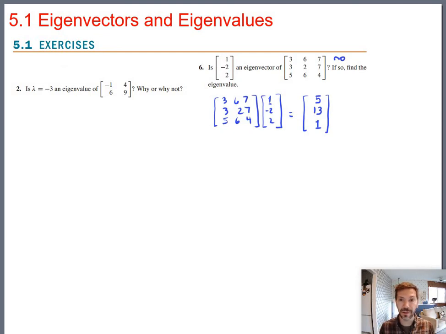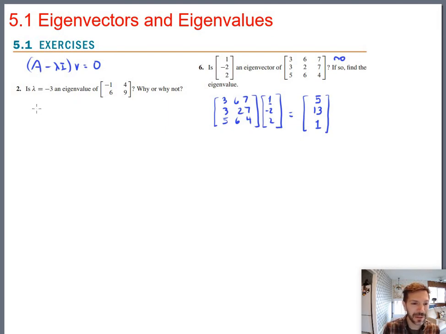Okay, so on to number 2, which might take a little more work, because here they're just saying, is this particular number an eigenvalue? So keep in mind the idea, again, for eigenvalues, is we're looking for A minus lambda I times some vector to produce the 0.